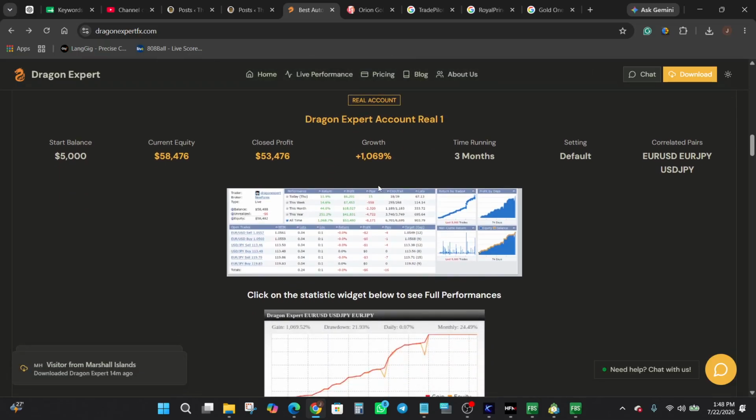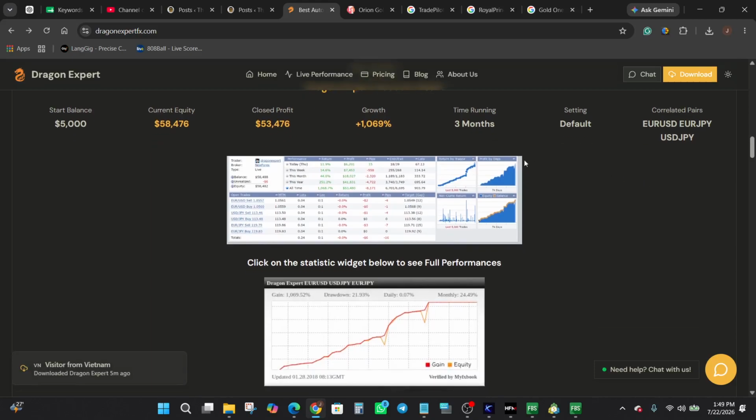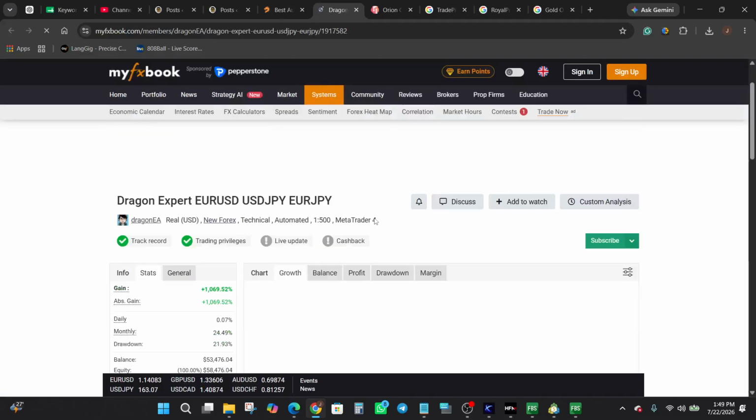For the first real account, according to the claim, it started with a $5,000 balance running for 3 months, using default settings on Euro USD, Euro JPY, and USD JPY, and it reports a total growth of 1069%, bringing current equity to 58,476. That is actually quite a big claim.